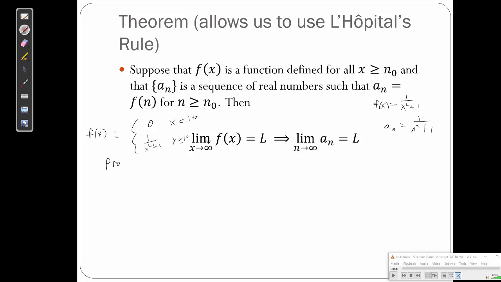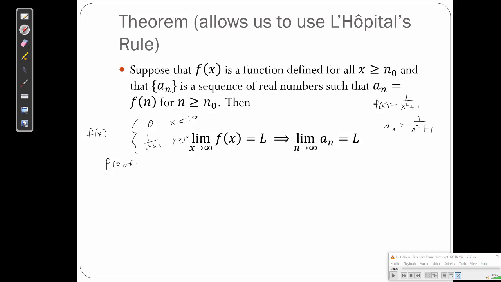We're going to show that if the limit as x goes to infinity of the function is L, then the limit as n goes to infinity of the sequence also has to be L. This is much fewer values, so it makes a certain amount of sense if the function value for all real numbers goes to L as x goes to infinity. I mean, this is still going to infinity, it's just including a lot fewer terms. But still, it's going to infinity, so you expect the sequence to still go there, and it does.